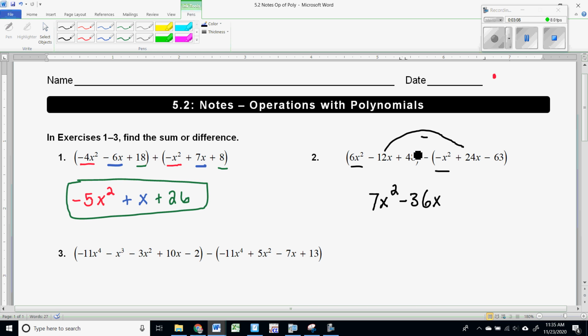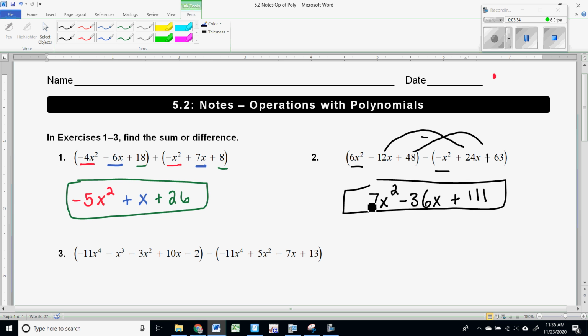And finally, 48 minus a negative is going to make that a plus. And so when you add 48 to a 63, where'd my pen go here? That's going to give us a plus 111.